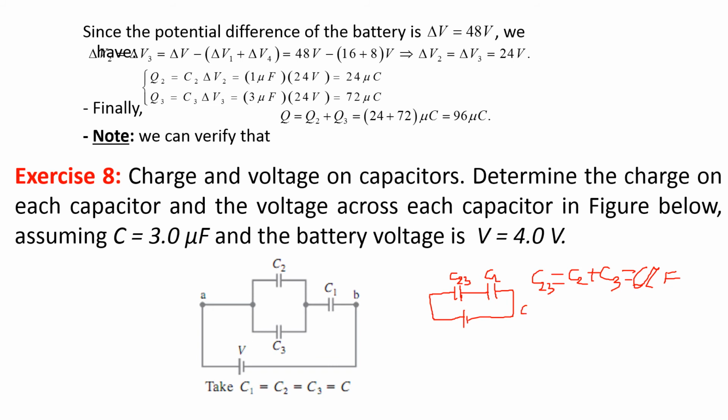And since capacitance C1 is in series with capacitance C23, to determine the equivalent capacitance in series connection, we use the inverse relationship.